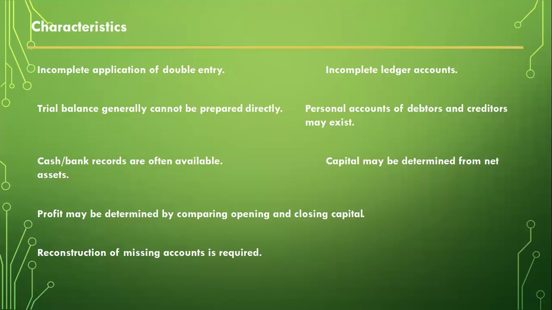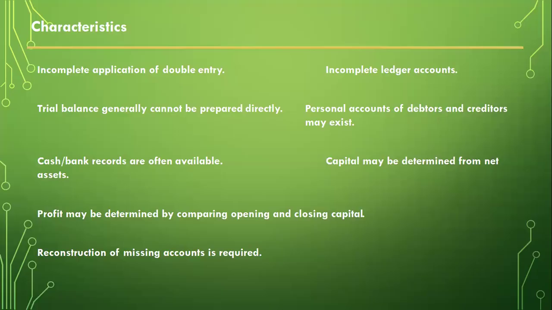And with you having an incomplete ledger account, it is expected that the trial balance generally cannot be prepared directly. Because if you do, it will make your trial balance not to agree. And even despite the fact that you have some classes that are missing, personal accounts of debtors and creditors can still exist.